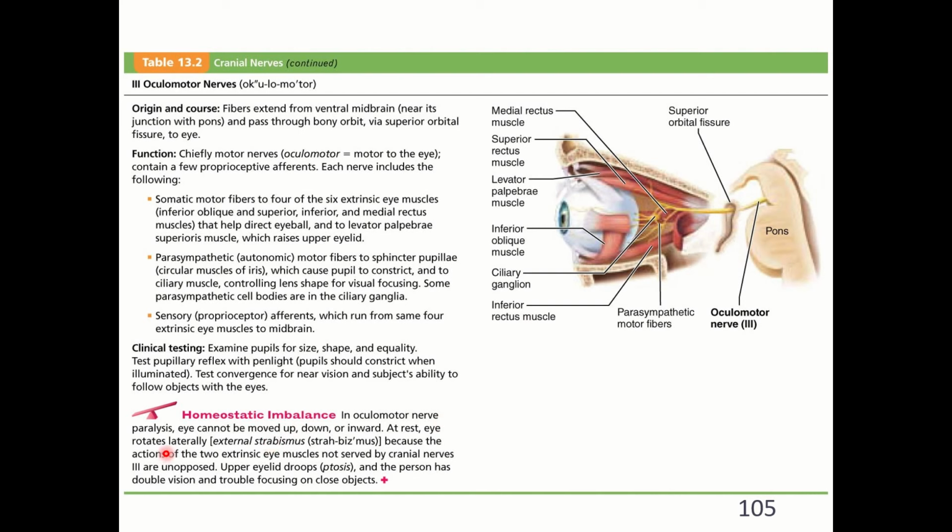At rest, the eye will rotate laterally, which is called external strabismus, because the actions of the extrinsic eye muscles not served by the cranial nerve are unopposed. The upper eyelid will droop, called ptosis, and the person has double vision, called diplopia, and trouble focusing on close objects.